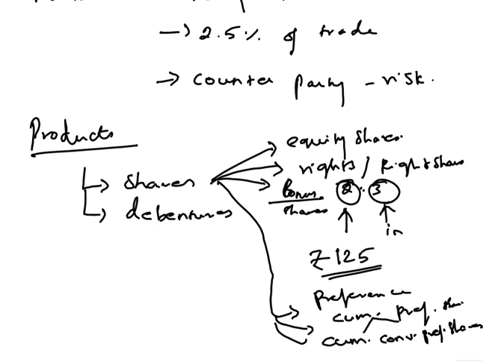And the next product that is being sold is debentures or bonds. So, what is a bond? A bond is a negotiable certificate evidencing indebtedness or liability. It is normally unsecured. Nobody will give any collateral or any security for these bonds.